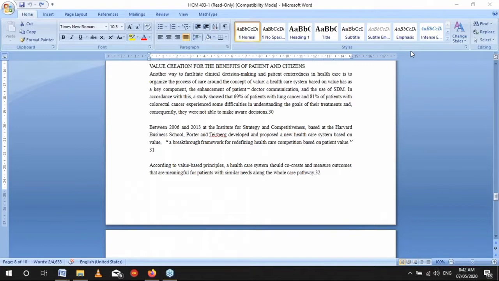Structure assesses the accessibility, availability, and quality of resources, while processes assess the delivery of healthcare services by clinicians and providers, while the outcome indicates the final result of healthcare, which can also be influenced by environmental and behavioral factors. Those are the explanations for the three factors.